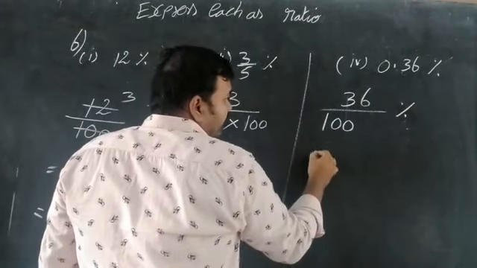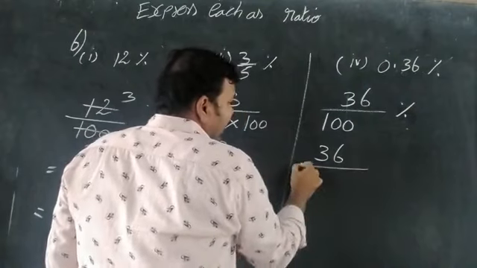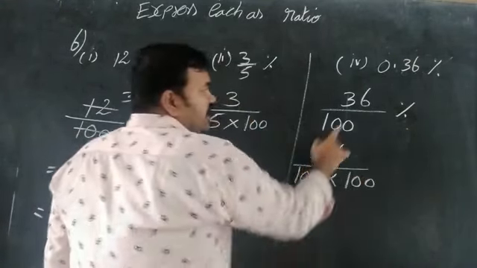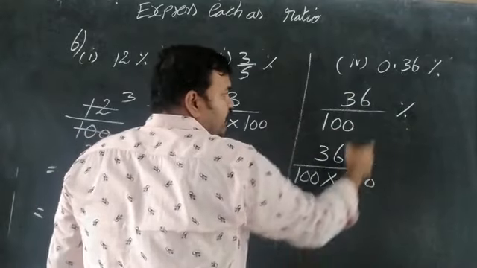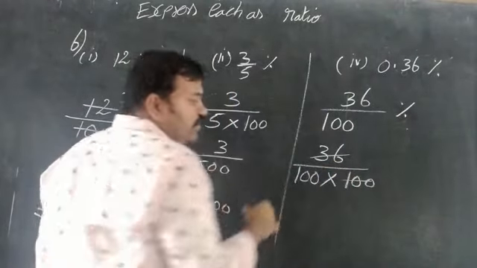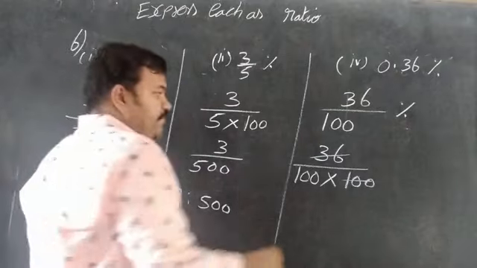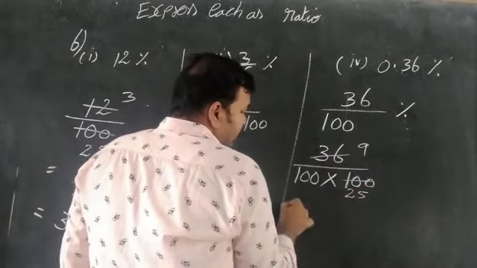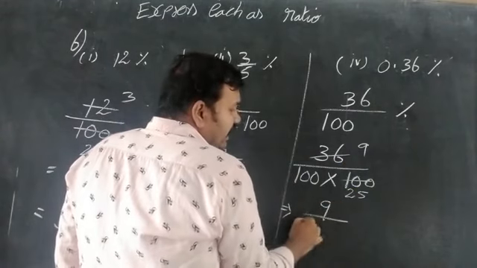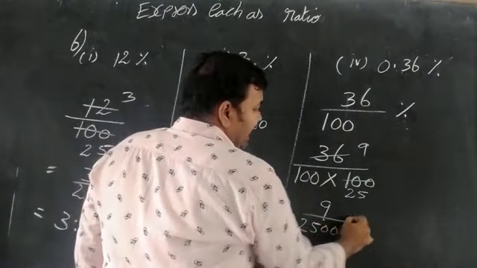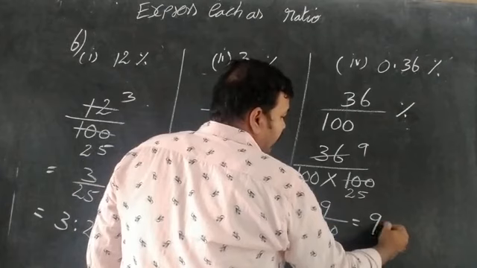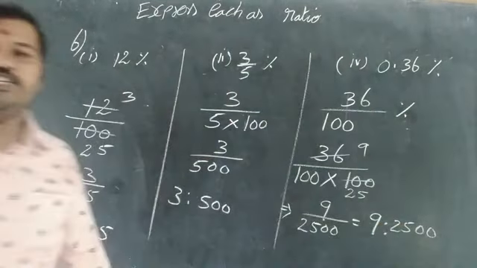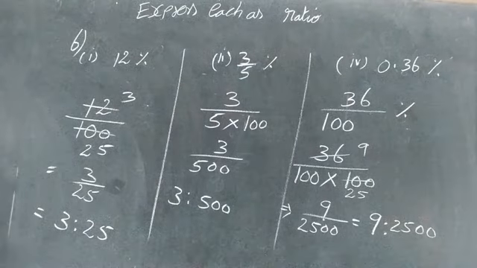So now writing 36 by 100 into the percentage 100. This 100 is from the decimal point, this 100 is from the percentage. Cancellation using which table? Again the 4 table. 9 4s are 36, 25 times. Multiplication: numerator is 9, denominator is 2500. They ask in the form of ratio, so write in the form of ratio 9 is to 2500.